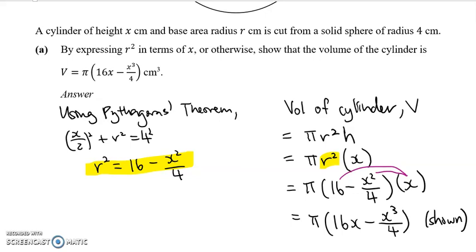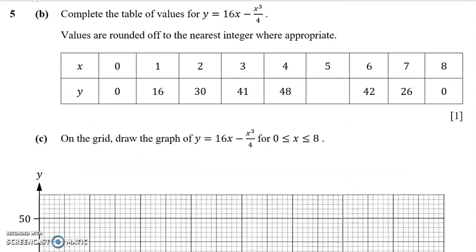Let us now go on to the next part. For 5b, we need to complete the table of values. When x is equal to 5, we need to substitute the value of x into the equation given, and that gives us 49. For part C, we need to draw the graph for x from 0 to 8.